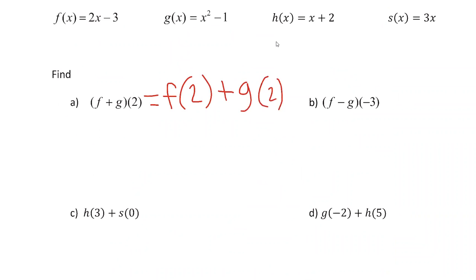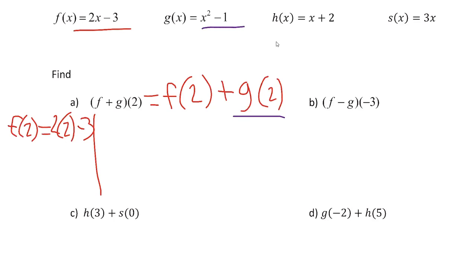So when you're adding or subtracting with numbers where you're evaluating your functions, my advice is just to work them out on the side. Like f of 2, you'd be plugging it into the f function. So that would be 2 times 2 minus 3. And then our g of 2, we would plug into the g function.